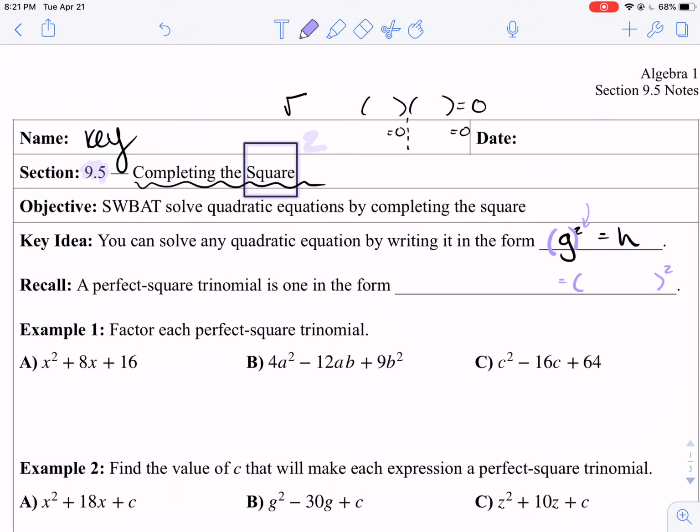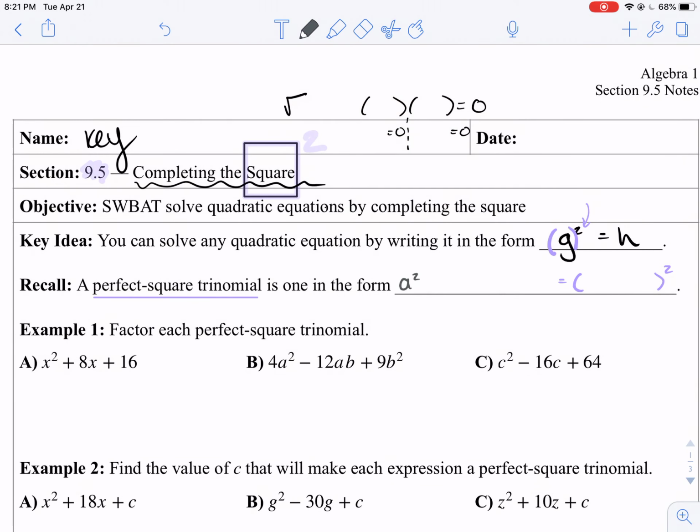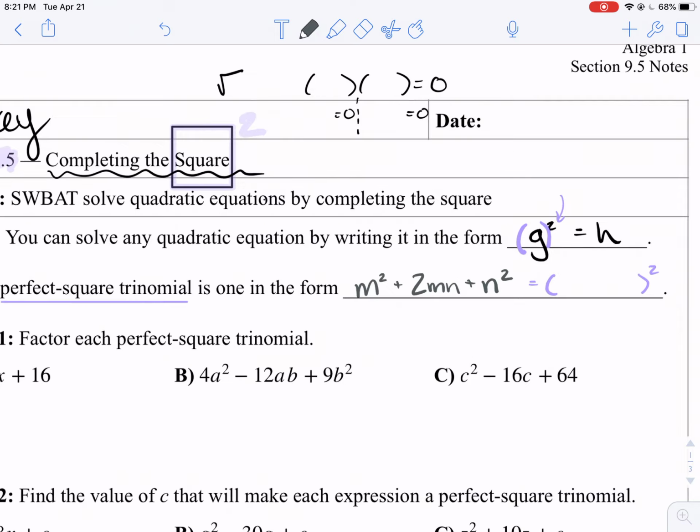We learned earlier about a perfect square trinomial. A perfect square trinomial is one that looks like m squared plus 2mn plus n squared.